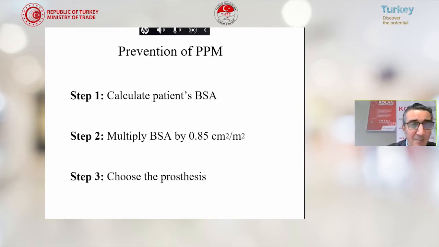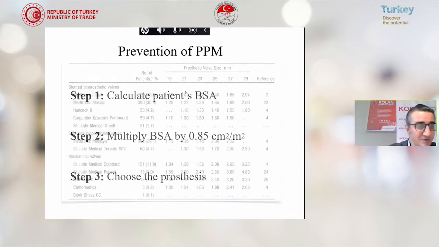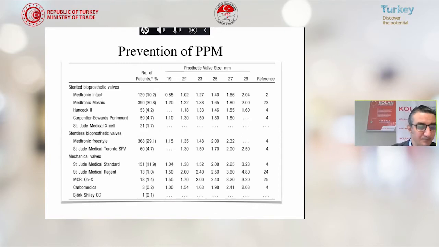The second step: multiply body surface area by 0.85 to obtain the minimal effective orifice area that the prosthesis to be implanted should have in order to avoid patient-prosthesis mismatch. The third step: choose the appropriate prosthesis from the chart.